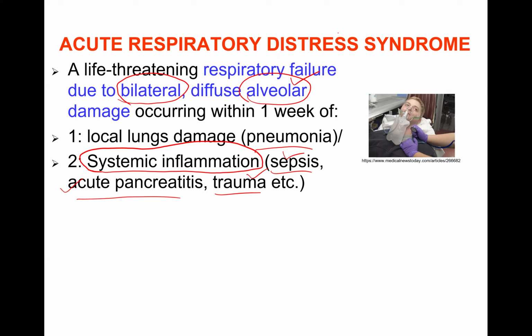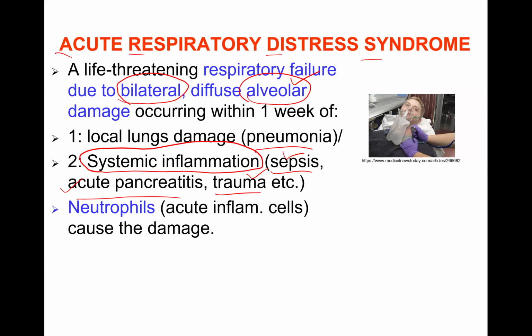And the patient is now suffering from ARDS.